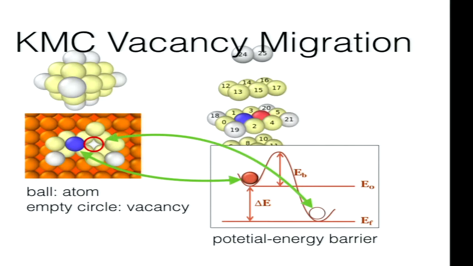And that's what we're talking about, this potential energy barrier that is between the two atoms, so to speak. And the higher that is, the less likely it is that that atom should jump in that position. And different configurations of atoms imply different barriers. And these drive the dynamics of the simulation.